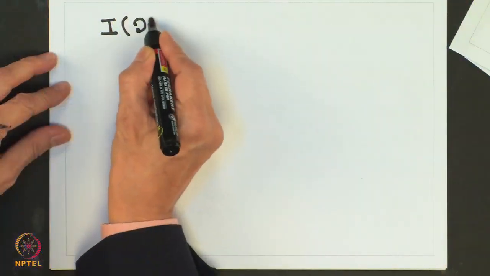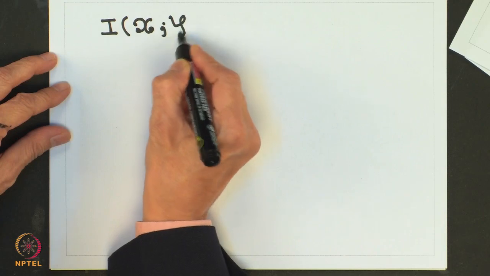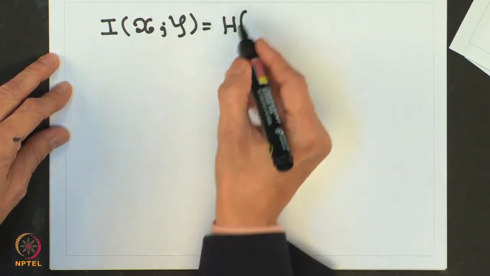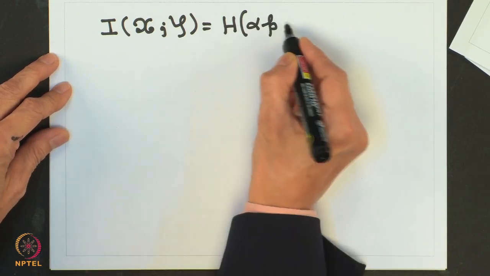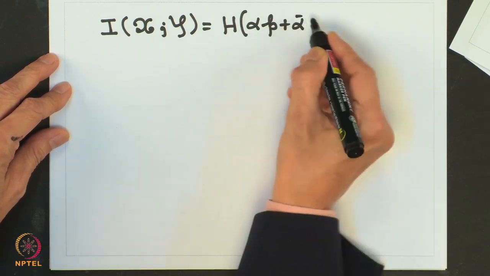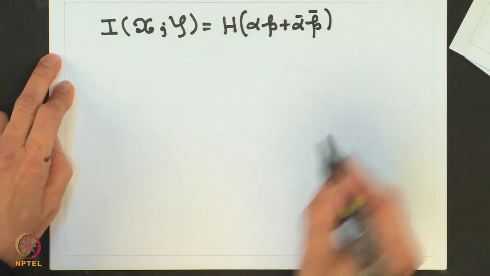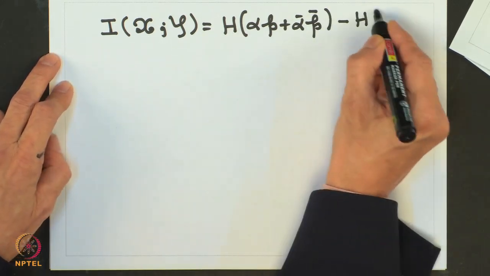Okay. So, I have my mutual information equal to the entropy function given by this minus H(p).